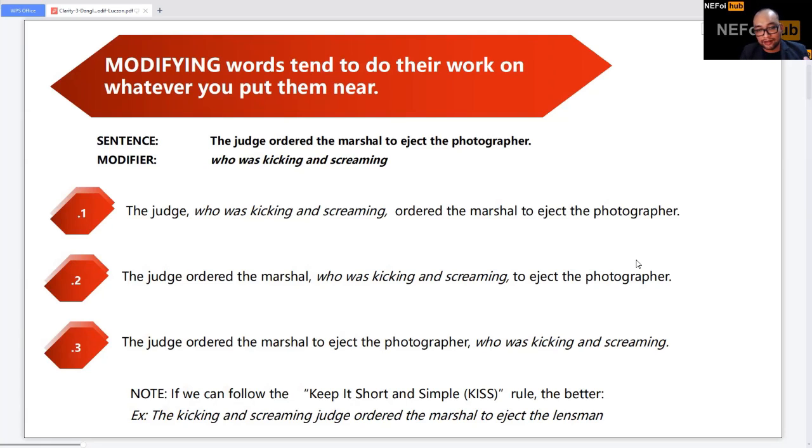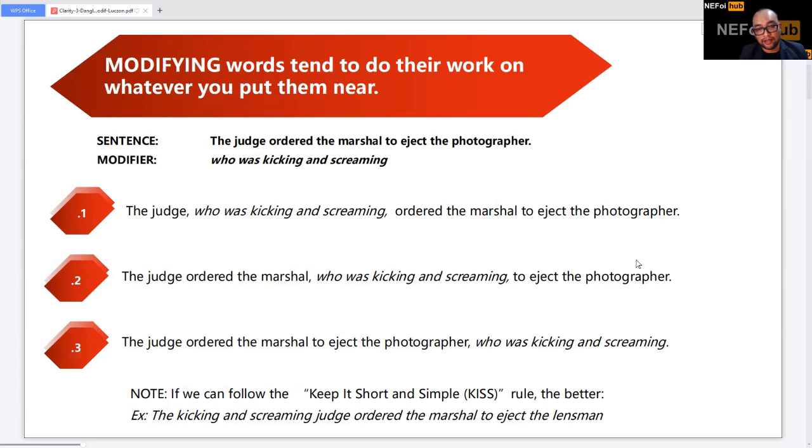So the modifier that we have, who was kicking and screaming, can modify three persons: either the judge, or the marshal, or the photographer.